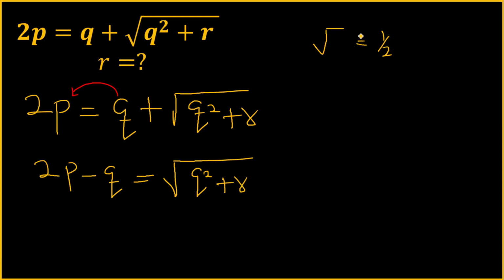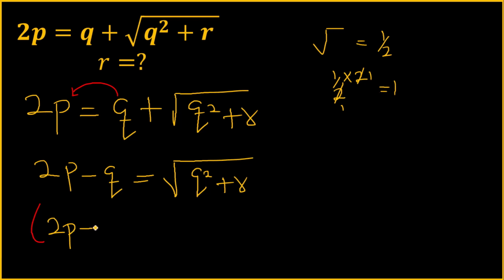If I want to get rid of this square root, this half needs to be multiplied by its inverse, which is 2. 2 goes into itself once, and 2 goes into this one, so we have 1. So to neutralize this square root, the power needs to be multiplied by 2.